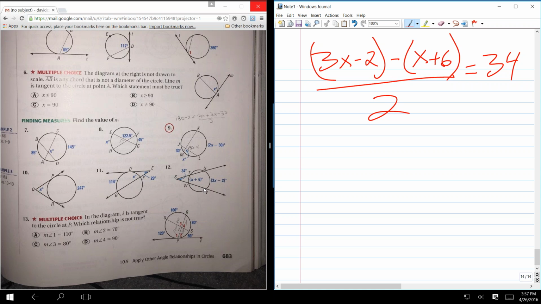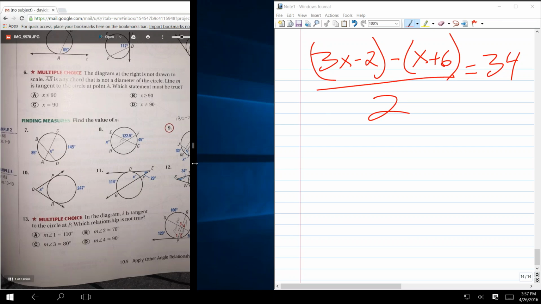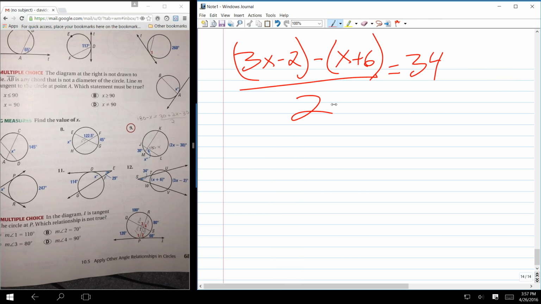Now let's solve that, because the algebra, there's a potential error you could make here. What's the first step to solve this? Multiply by 2. Yeah, I always get rid of denominators, first thing.